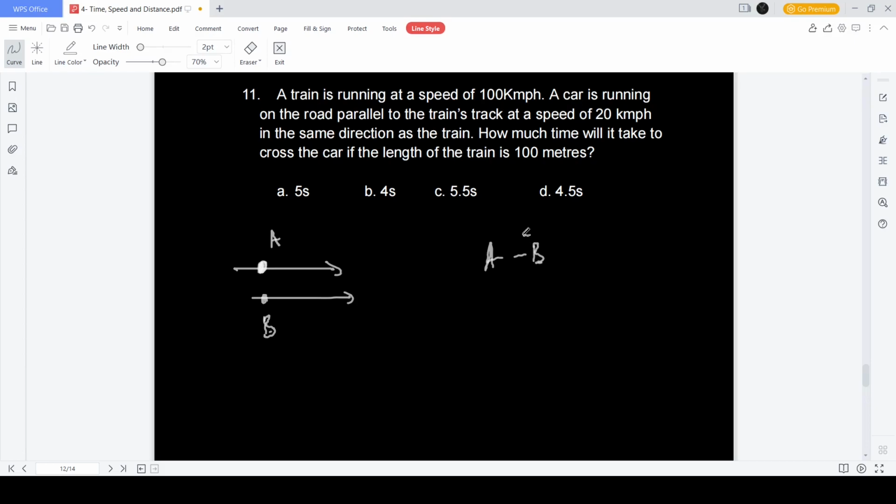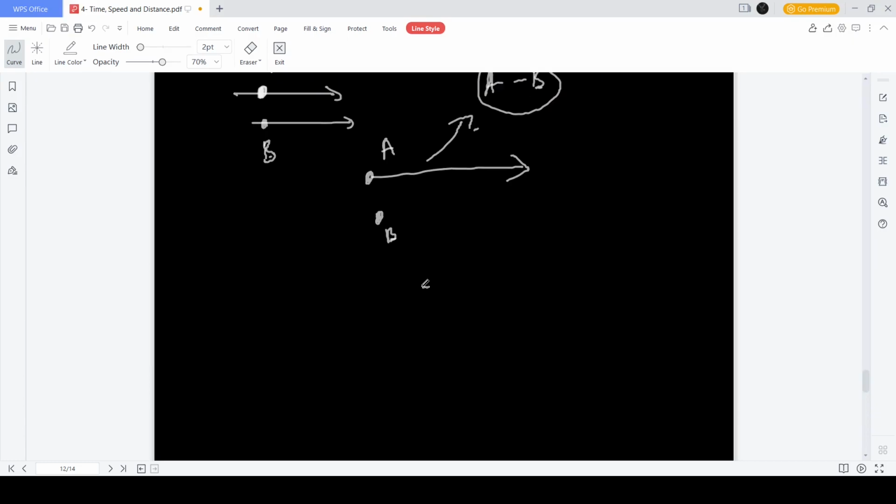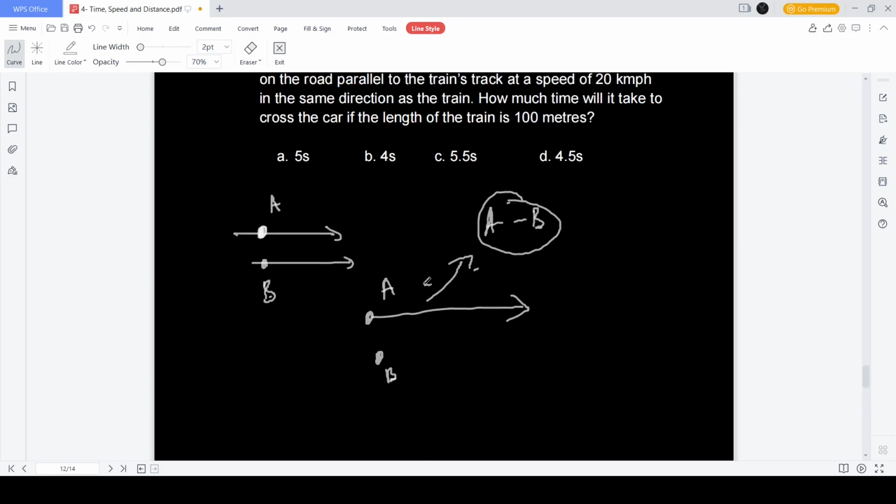So if you do the speed of A minus B, that means this becomes a scenario where the body A is moving with a speed of A minus B and the body B is at rest. Okay, this is how it will look. Fine. So that's what we do. We find the relative speed of the train with respect to the car.